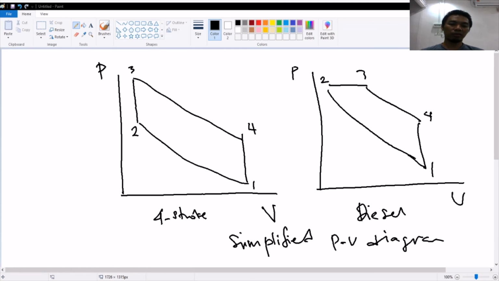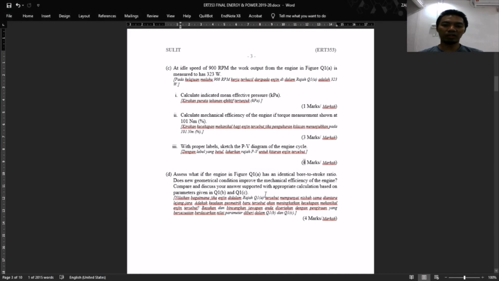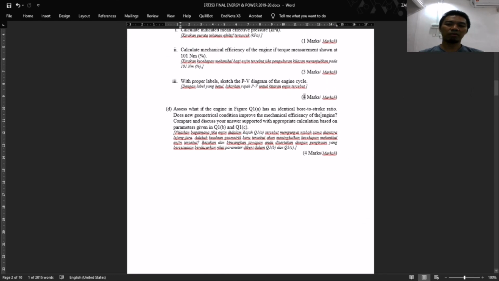Again, let me go to the final question. Assess what if the engine in figure Q1A has the identical bore to stroke ratio. Okay, this engine has the same bore to stroke ratio.